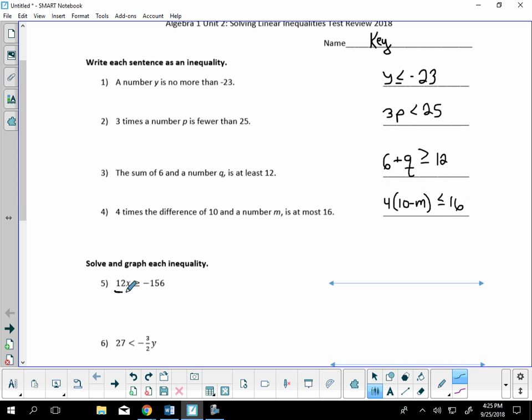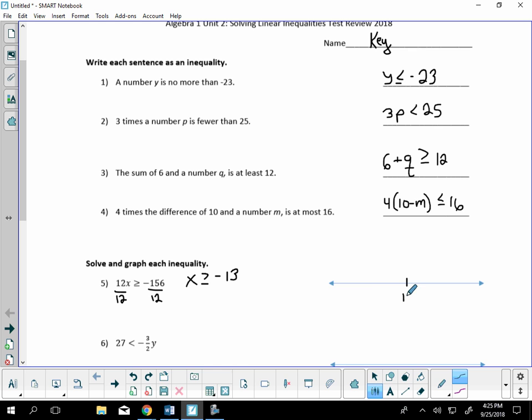So first thing on this one, it's 12 times. I need to do the opposite, so I'm going to divide both sides by 12. And if I take 156 divided by 12, I'm going to get 13. And there's a negative there, so I get x is greater than or equal to negative 13.